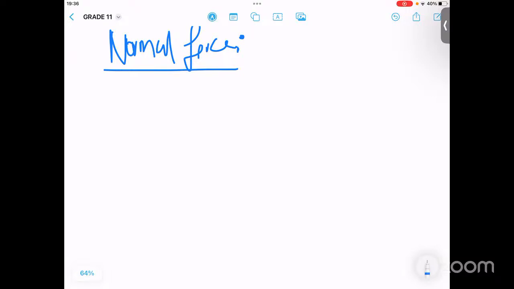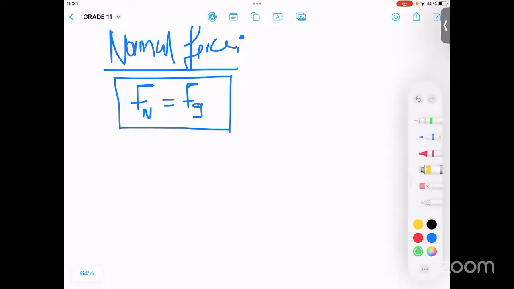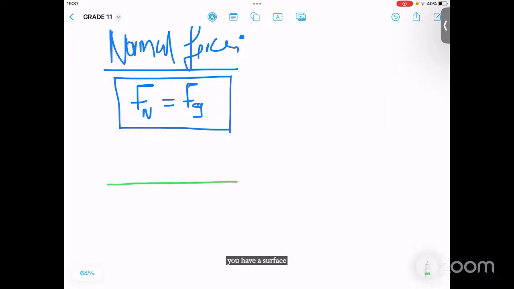Something that you need to be aware of, honorable members, is that the normal force is equal to the force of gravity. This is a formula. How are they equal? Okay, you have a surface, which could be your table, and then you have your calculator there.